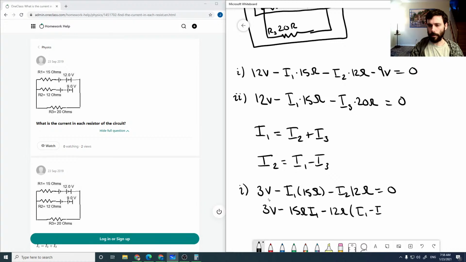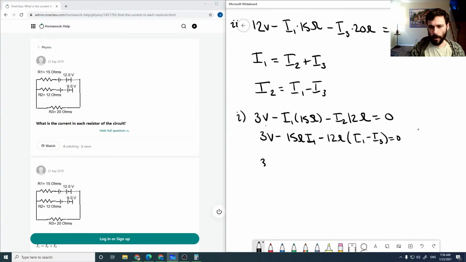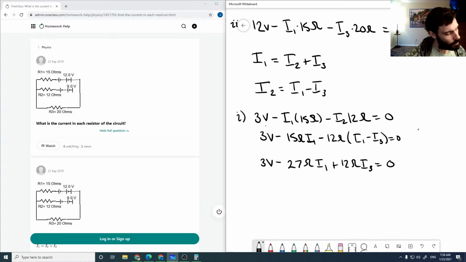I1 minus I3 equals 0. And this becomes 3 volts minus, so minus 15 minus 12 is minus 27. And then plus 12 ohms I3 equals 0. Okay?